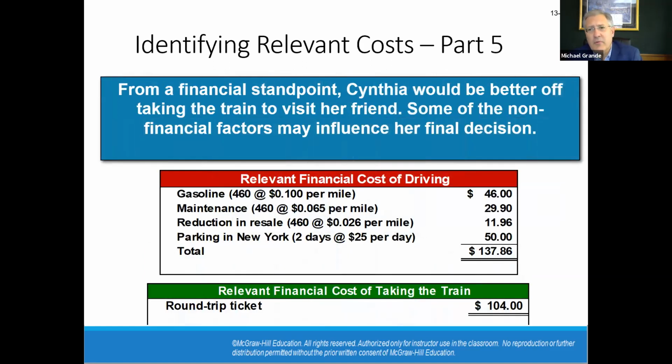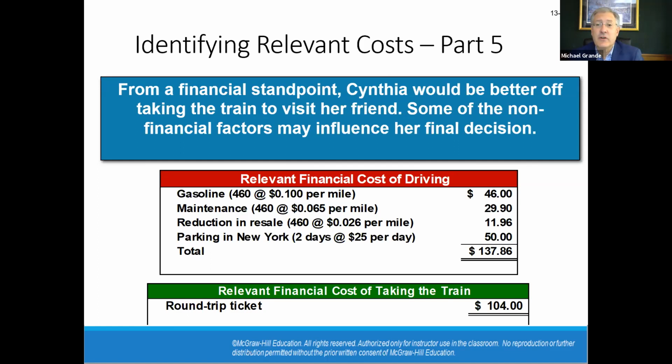From a financial standpoint, Cynthia would be better off taking the train to visit her friend. Some of the financial factors may influence her final decision. So here's the relevant information. Gasoline, the round trip, right? 460 miles, it's $2.30 each way, 10 cents a mile, $46.